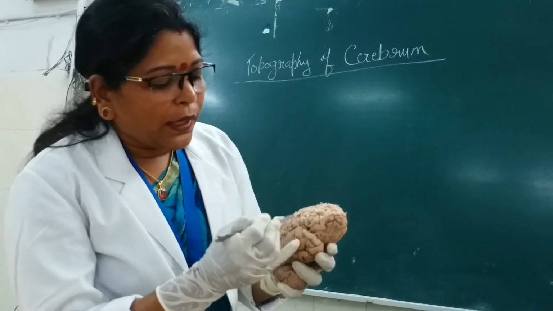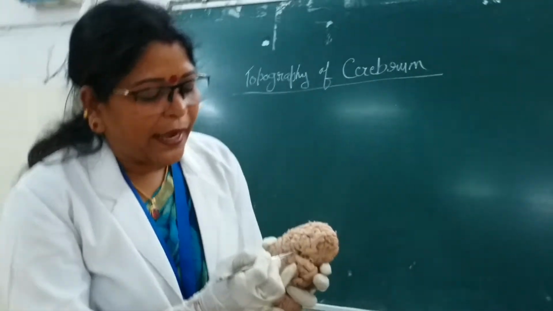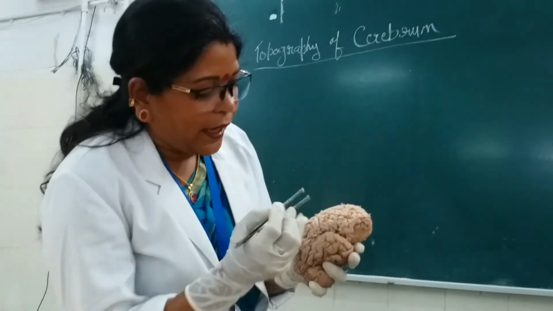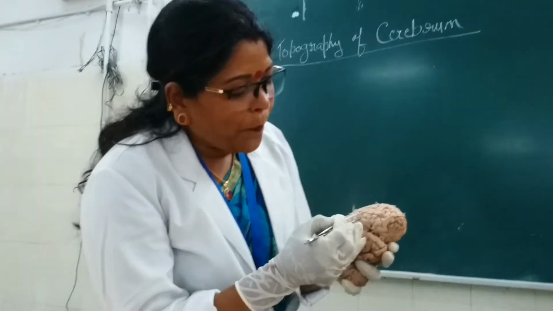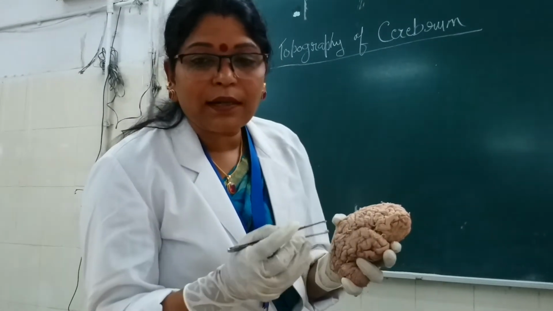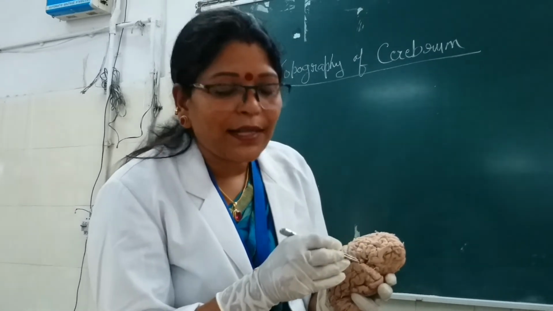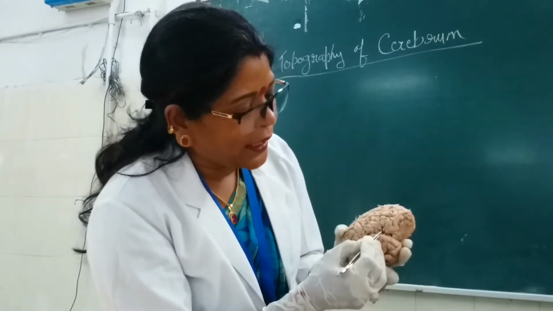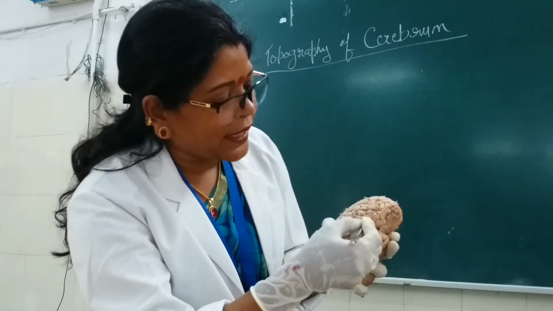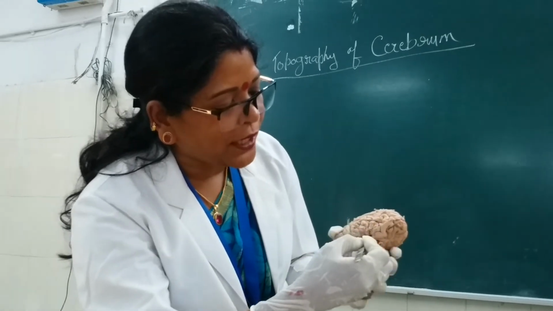Okay, now this inferior frontal gyrus has been divided into three components by which sulcus? By the branches of the lateral sulcus. This is the anterior branch, this is the ascending branch and here it is the posterior branch.